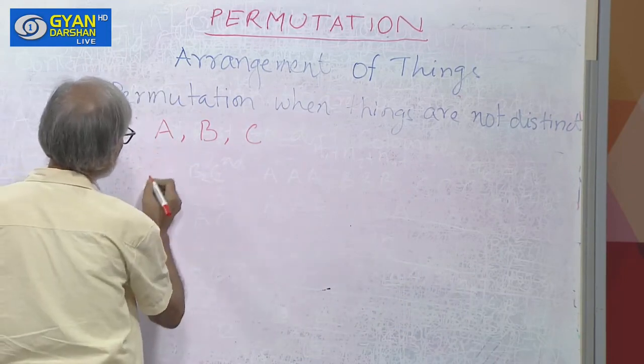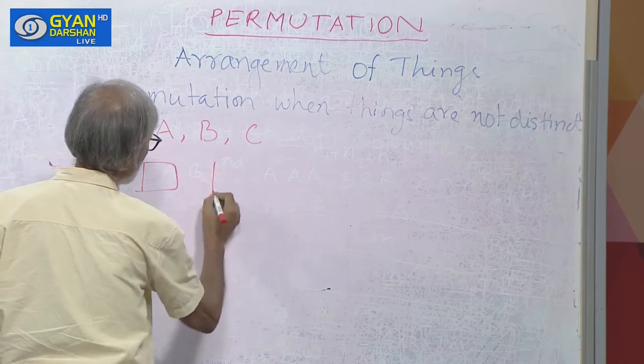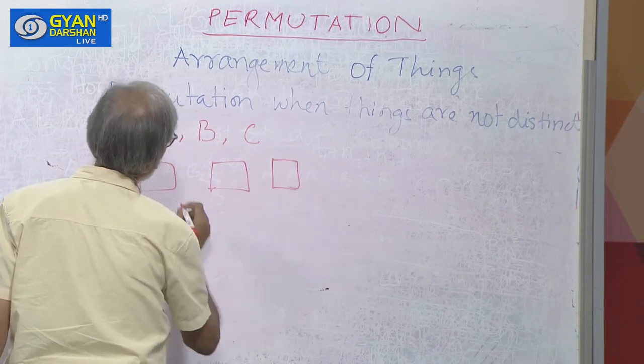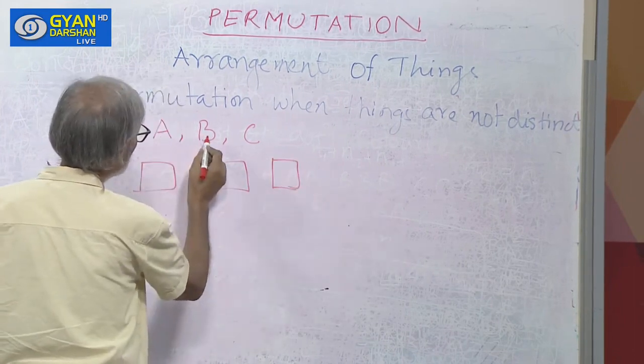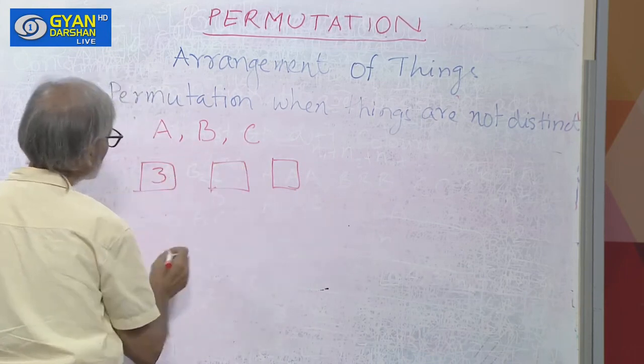So, 3 places are there. Here you can either put A or B or C. So, it can be filled up in 3 ways.